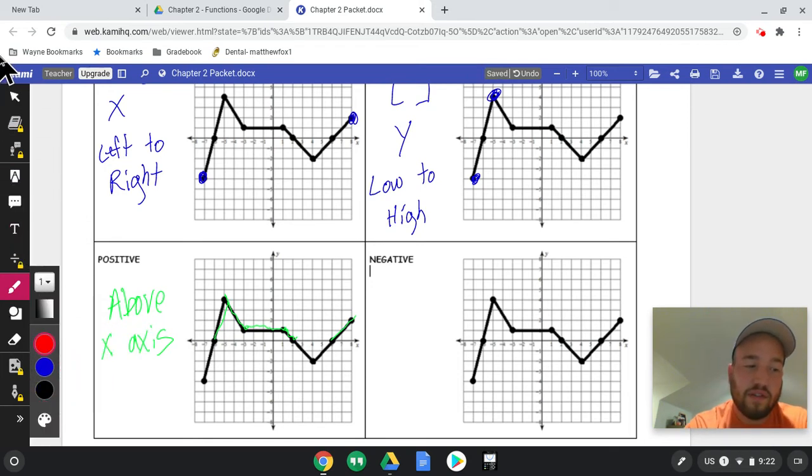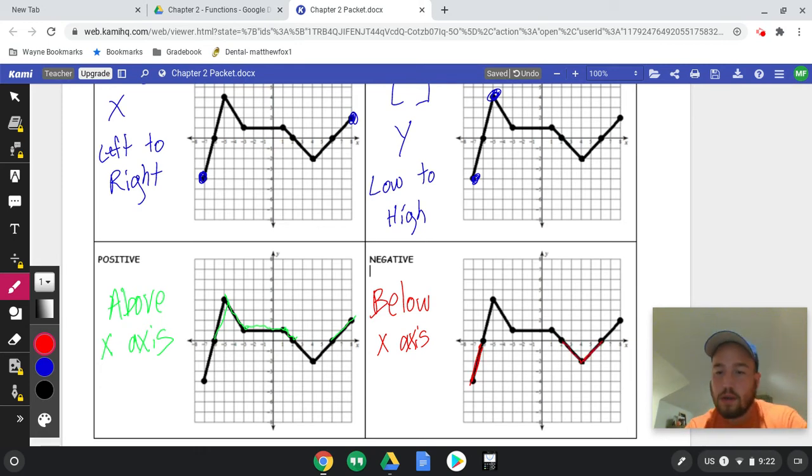Now the negative, this is when it's below the x-axis, okay? So in our case here, it's going to be this part in red, and also over here, this chunk. Those are both below the x-axis. And these sometimes will have brackets, sometimes they'll have parentheses. It just depends on the situation.